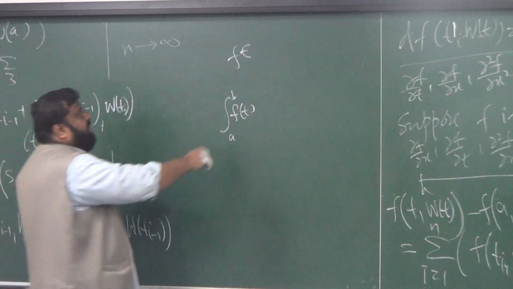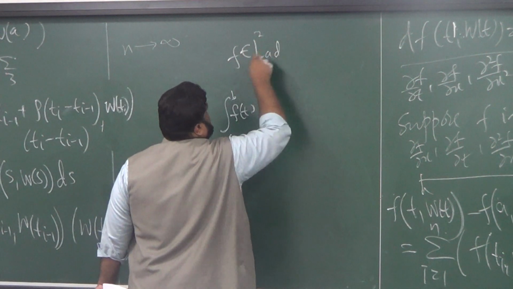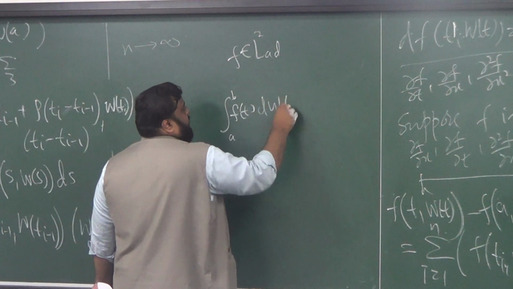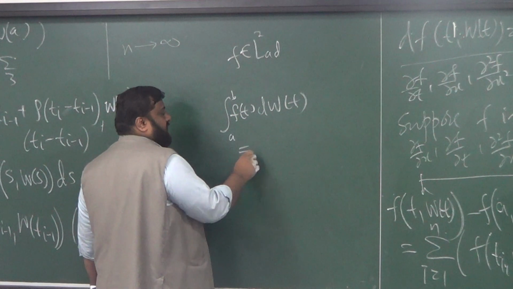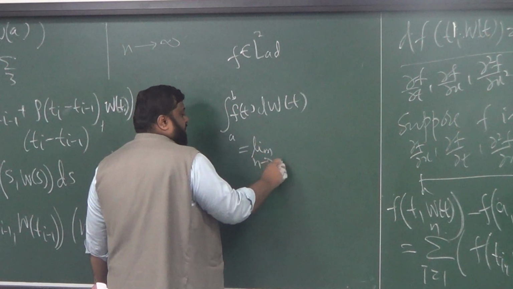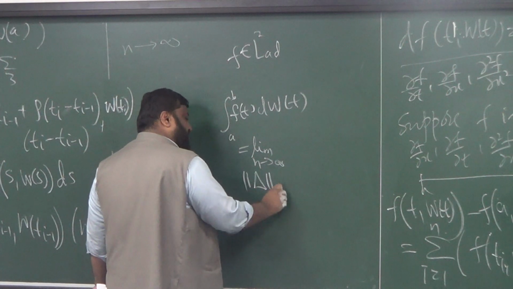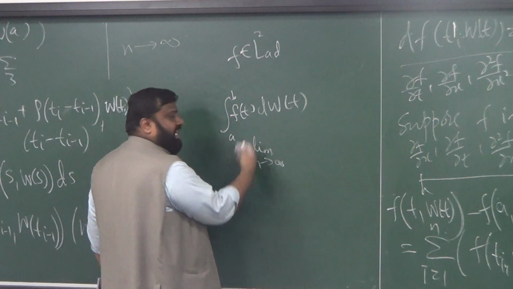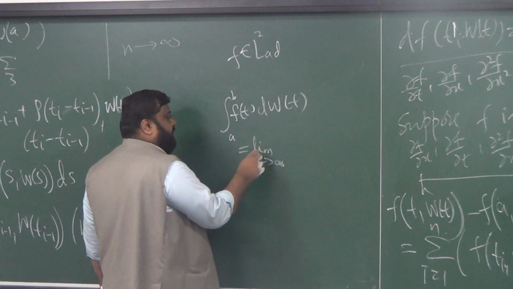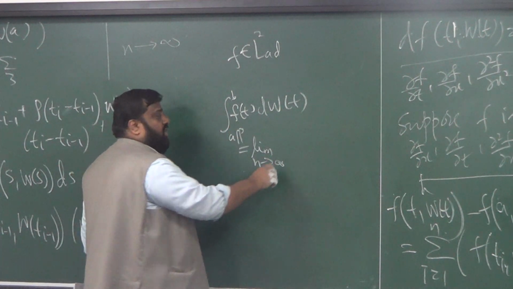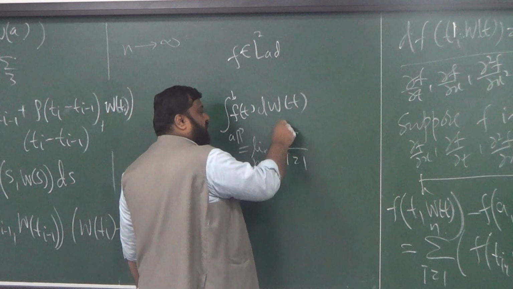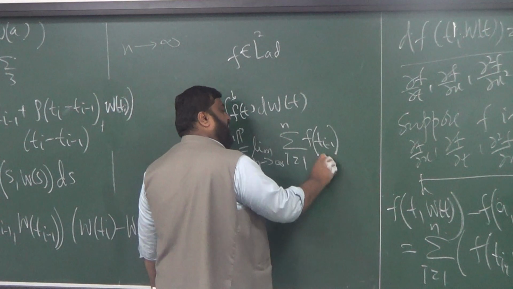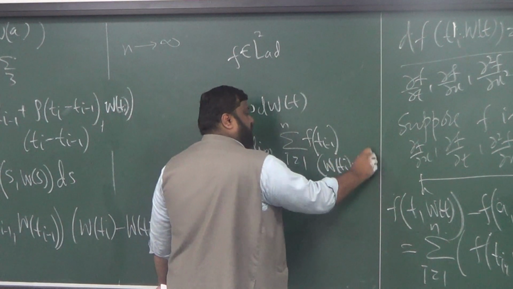If you remember, we said that if f is square integrable, then you have this approximation lemma: as n goes to infinity, with the maximum width of the mesh going to zero, the limit in probability of a sum from i equal to 1 to n of f evaluated at the left end point multiplied by the increment of the Brownian motion.